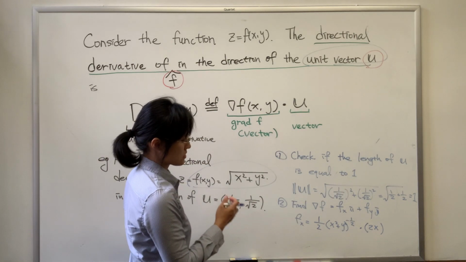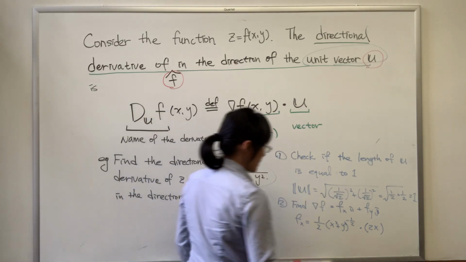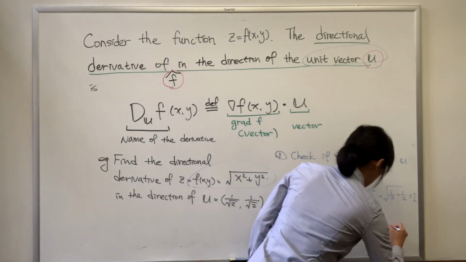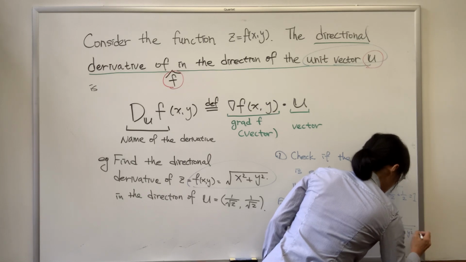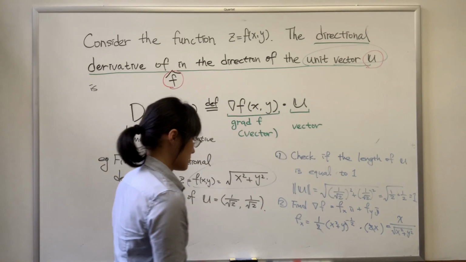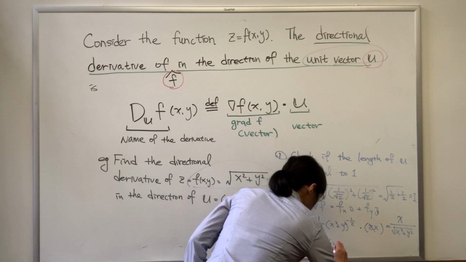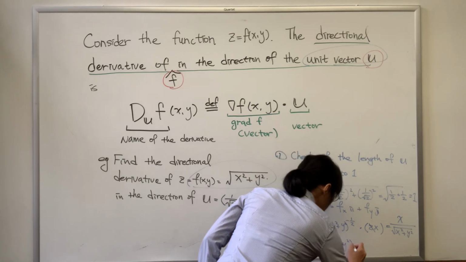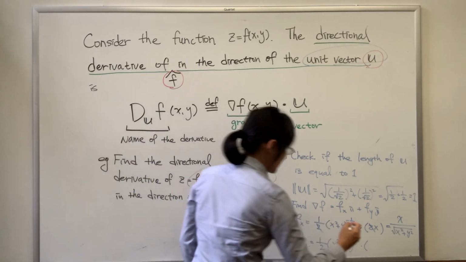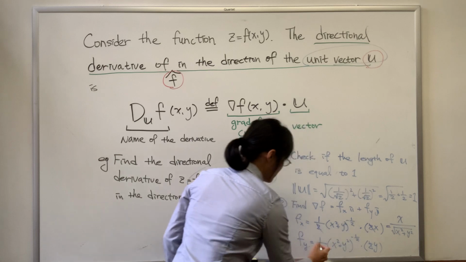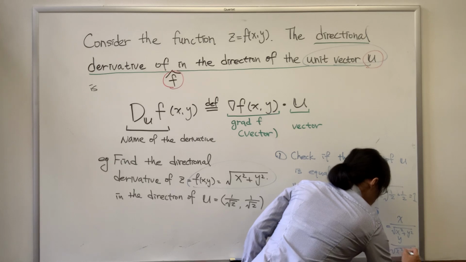Because in the eyes of x, y is a constant, the derivative of y squared equals 0. Now put this together, cross out the 2, and I have x over the square root of x squared plus y squared as my df/dx. Similarly, df/dy is equal to 1 over 2 times x squared plus y squared to the power minus a half. The derivative of the inner function with respect to y this time gives you 2y. Cross out the 2, I get y over the square root of x squared plus y squared.